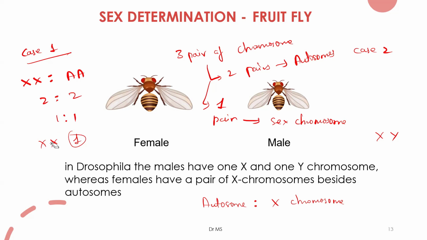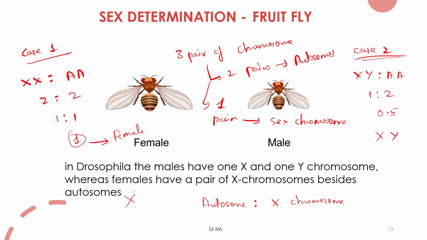So that's case one, where if the ratio is 1, you will say it's a female. In case two, it is XY to AA, that is 1 to 2, which is 0.5. Here you will say it's a male. That's how you define it. A question can come: in Drosophila, can sex determination be done by the Y chromosome? No, it is not done by the Y chromosome.